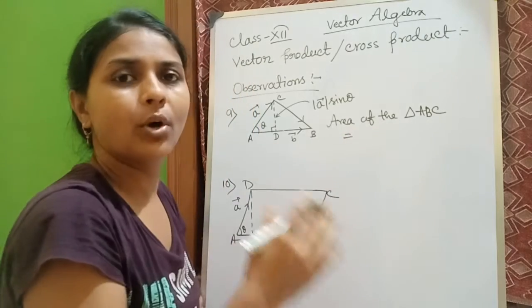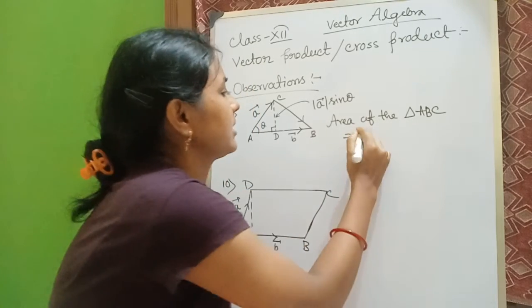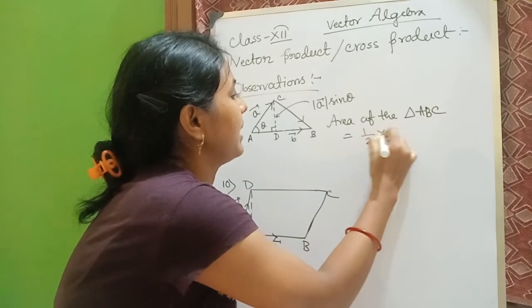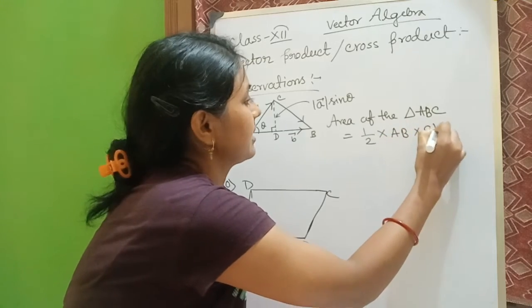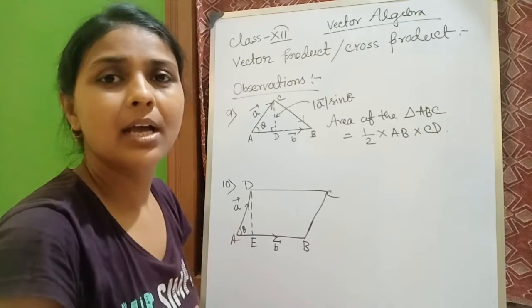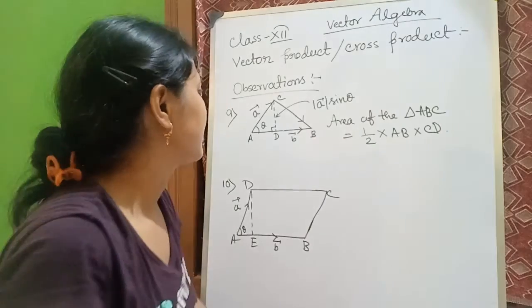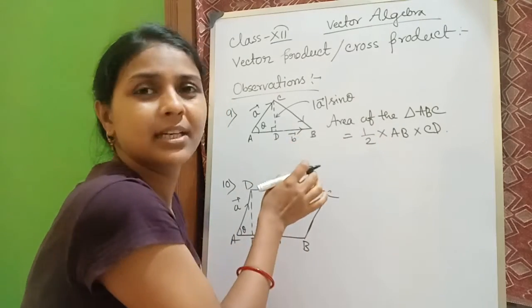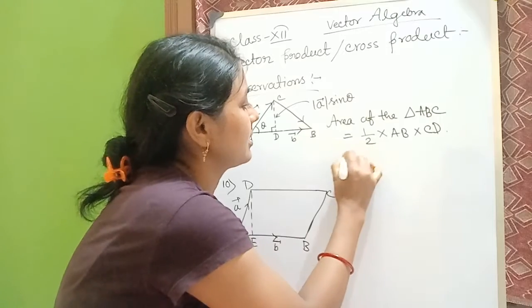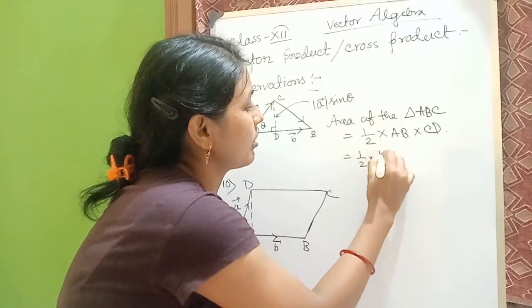We all know normally from mensuration that half into base, that means AB, into height, that is CD, right? Half into base into height. Now, what is AB? AB is B vector here, that means mod B vector. So, half into mod B vector.